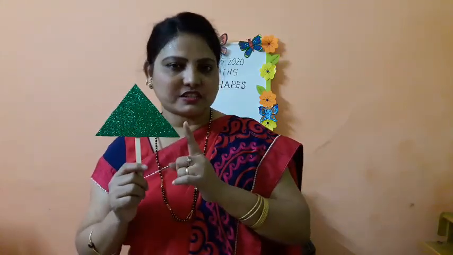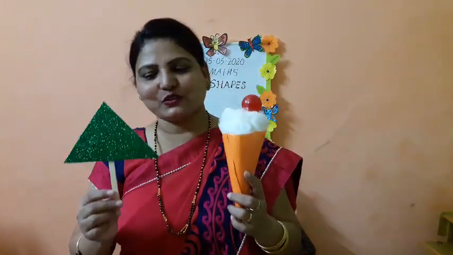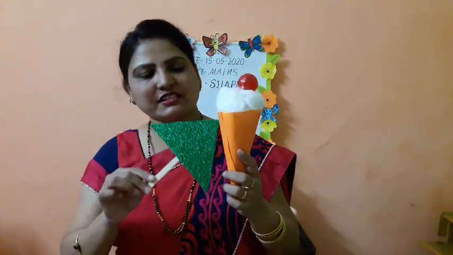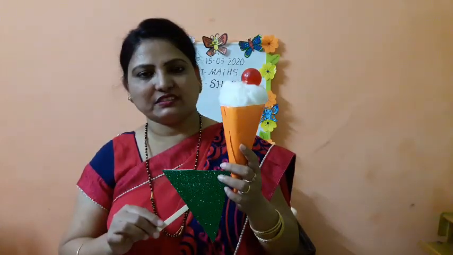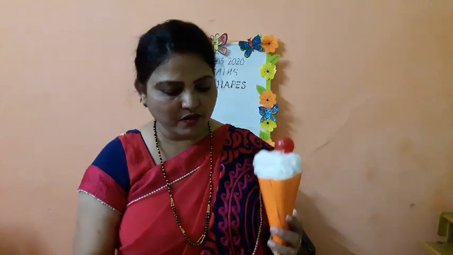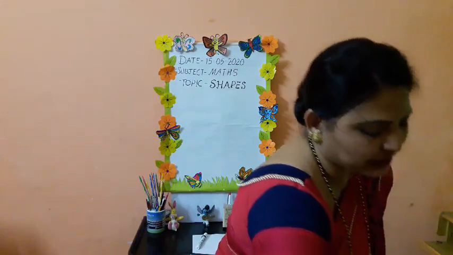This is triangle. For this shape I will show you an ice cream. It's matching with this. You like ice cream, right? Very good. So triangle, ice cream. For the triangle we say this cone. Now one more example I will show you, that is a birthday cap.